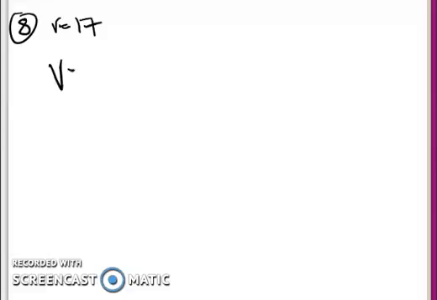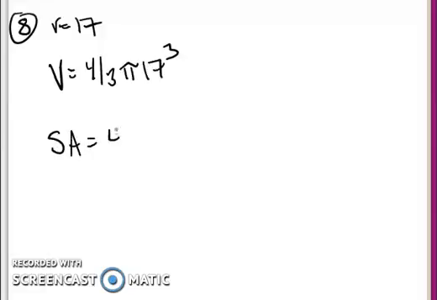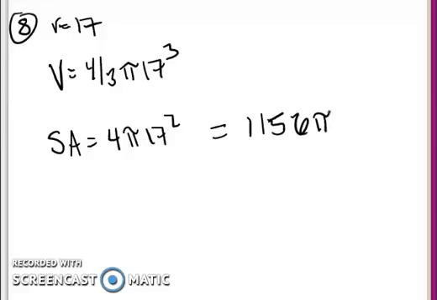We just have to go ahead and evaluate this. We're going to get volume as 4/3 pi 17 cubed, and surface area is going to be 4 pi 17 squared. So just quickly evaluating both of those in terms of pi, we should get this to be 1,156 pi. And that's going to be in square inches.